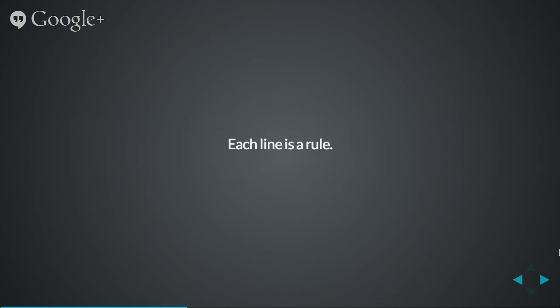So within a grammar, each line is a rule. And here is an example rule. On the left-hand side, we have the name of the rule, which is Atom. And it's named Atom because it's kind of like the smallest molecule for our grammar.